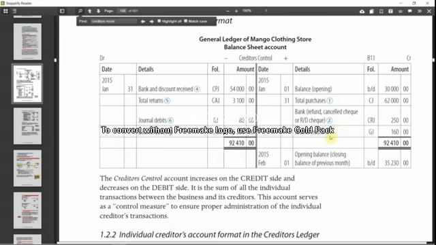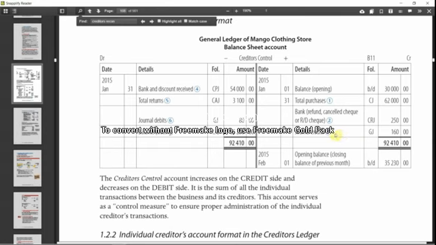And then we also have what we call journal credits, because there are certain transactions that just simply don't fit into the creditors journal or the creditors allowance journal or the cash journals. So we record those transactions in our general journal. An example would be if we are late in paying our creditors, they may add interest to our account.